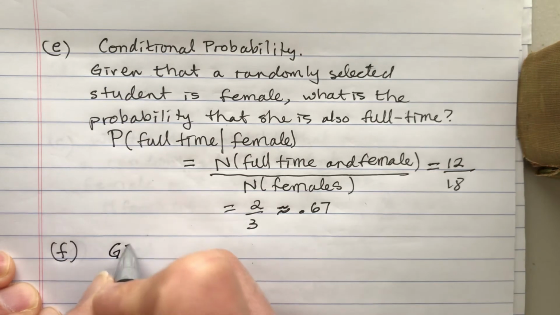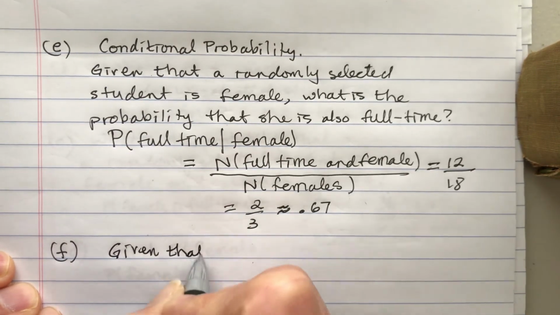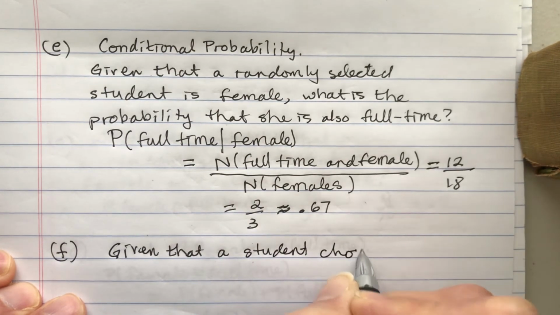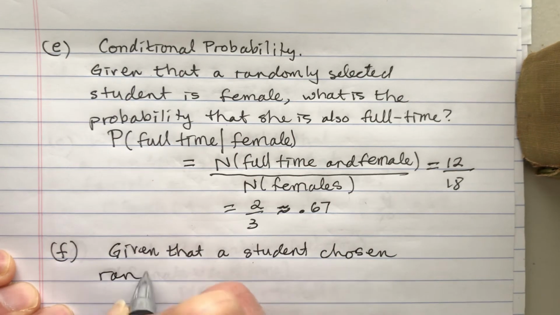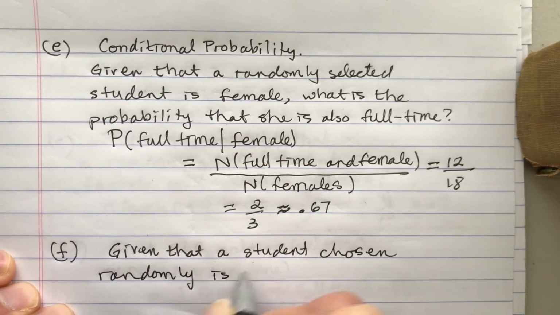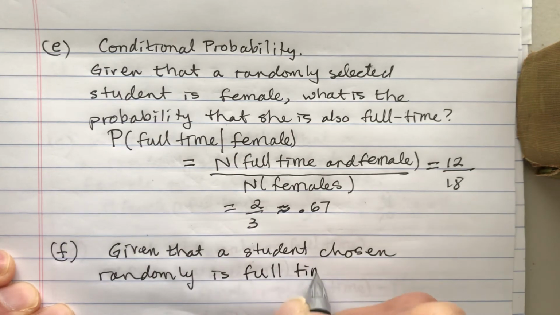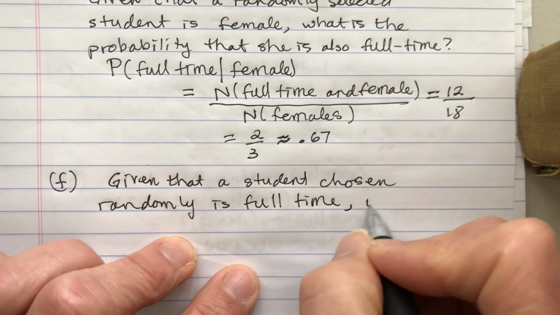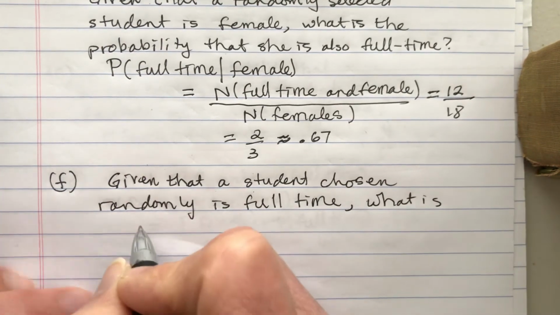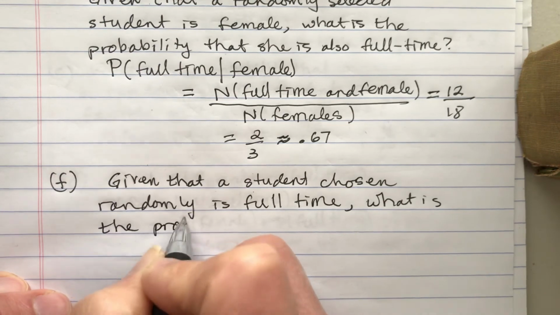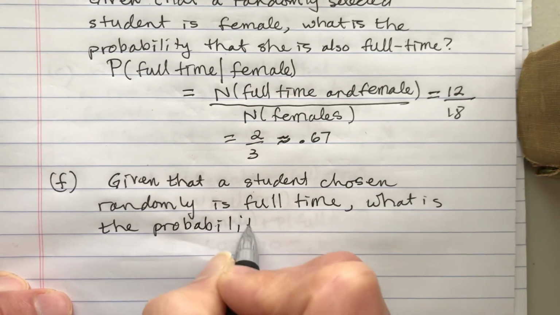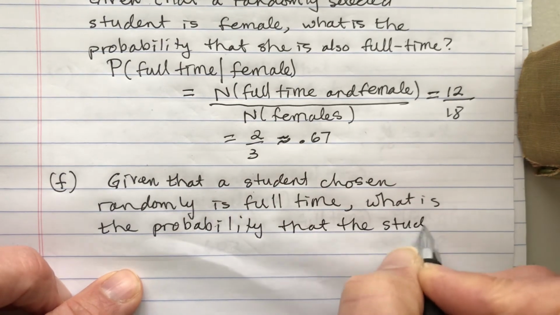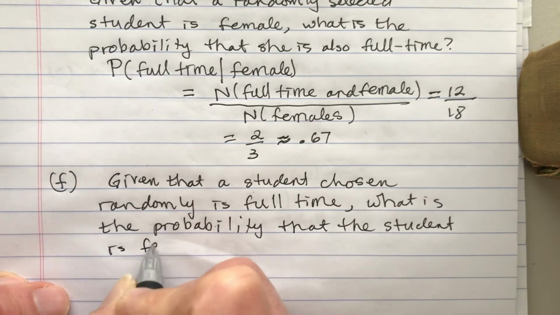Now we're going to turn this around. Given that a student chosen randomly is full-time, okay, so you draw a name out of a hat, but it happens to be a full-time student. What is the probability that the student is female?